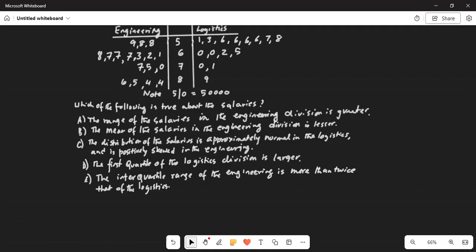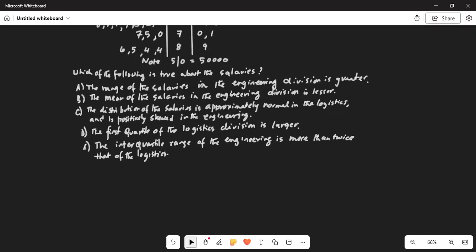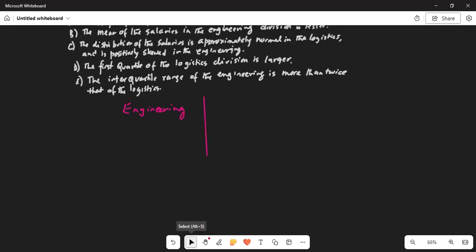So let me change the color of the ink. I will now move up a little bit. I have the engineering side on this side, and I have logistic.